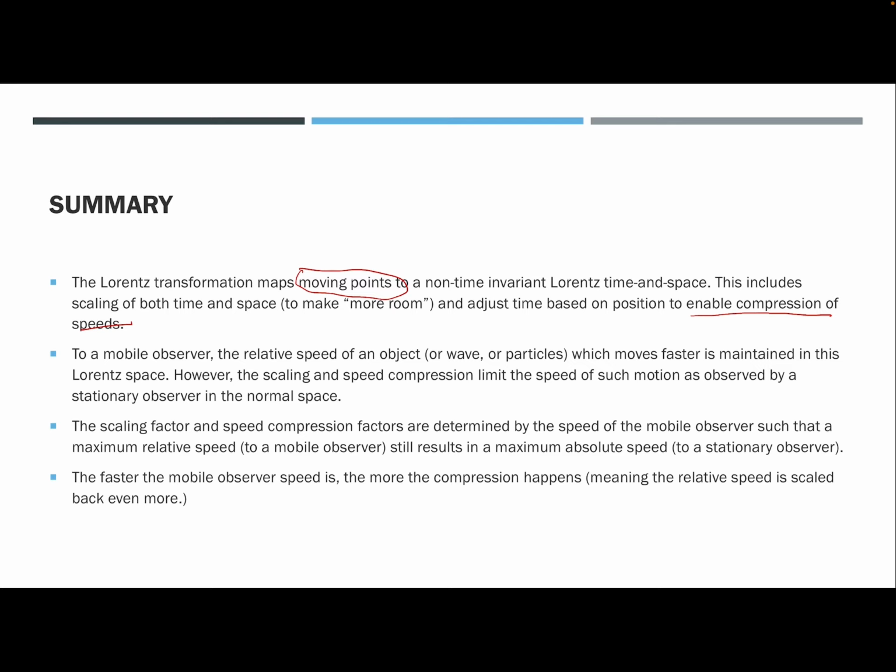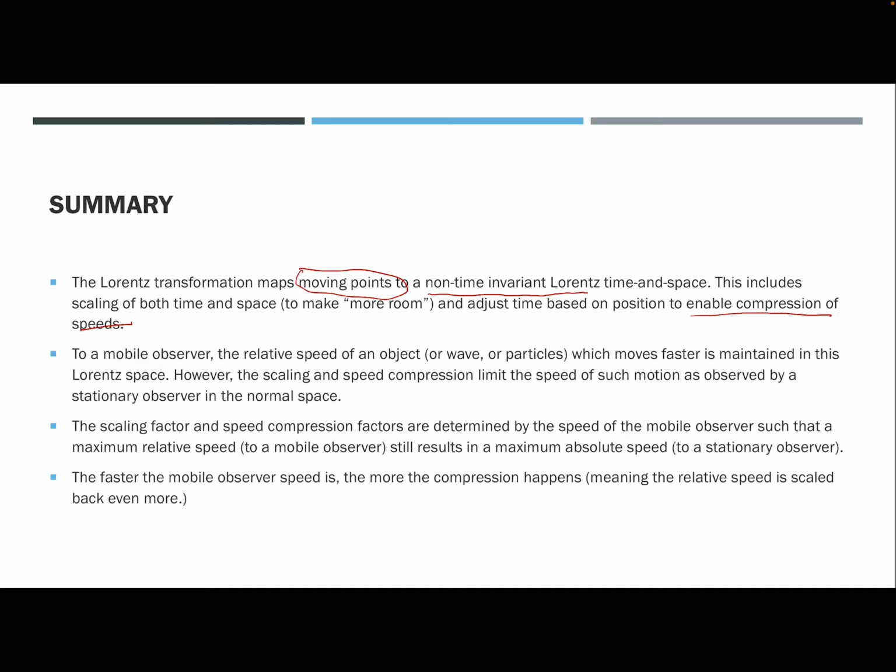And the result in the Lorentz time and space is that time is not invariant, meaning time will vary with different locations in the Lorentz space. The next 3 points basically talk about what we just described, which is that to the mobile observer, the relative speed remains the same.